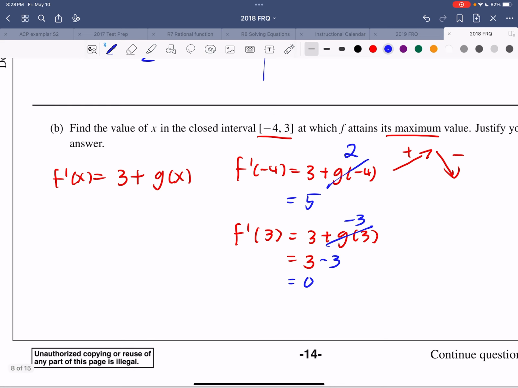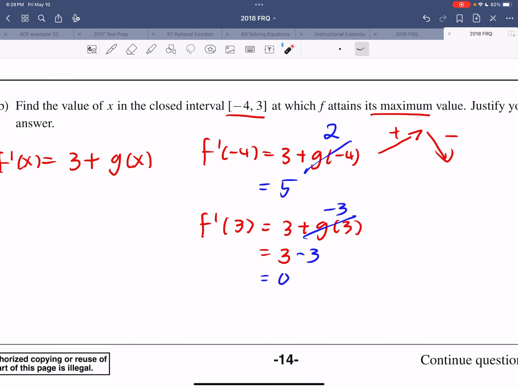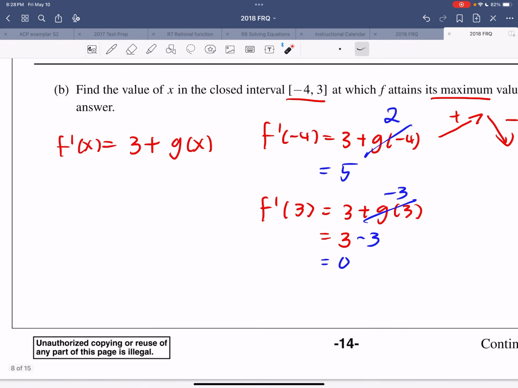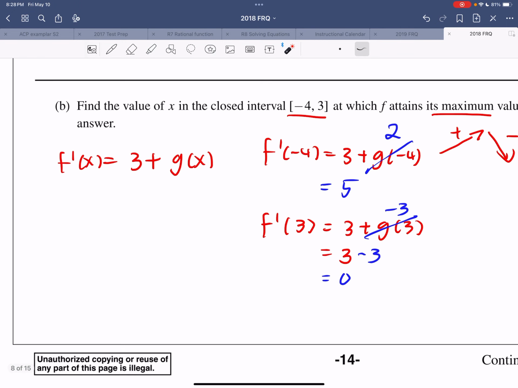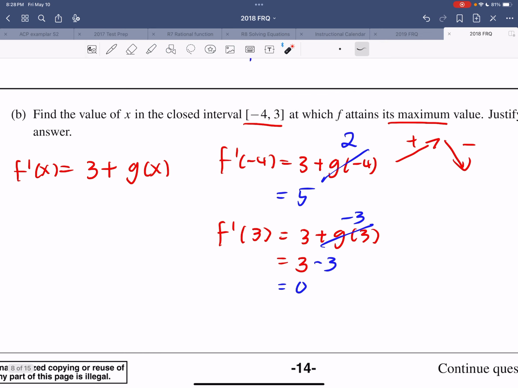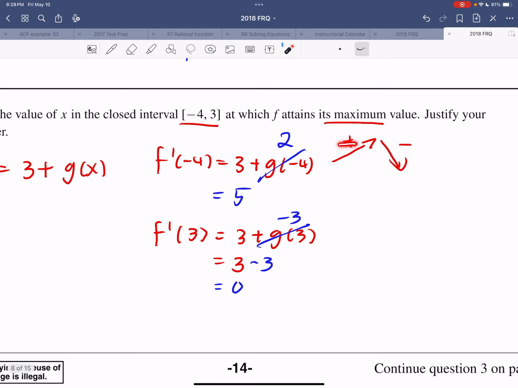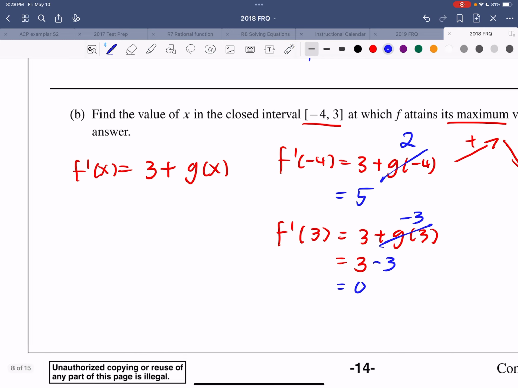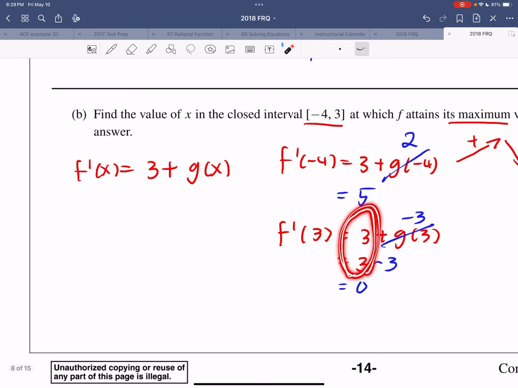Now, do you see, in order to be a maximum, you should have increasing and decreasing at the same time, right? But look at this one. When it is -4, it is 5. When it is 3, it's gonna be 0. But I don't know if there is a negative between. So what I mean by positive, negative is that one should be a positive number and the other one should be a negative number, right? But we don't know if there are any negative numbers.